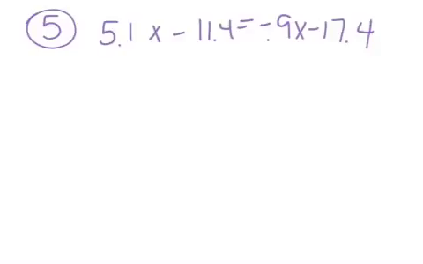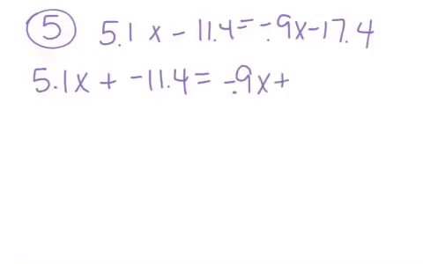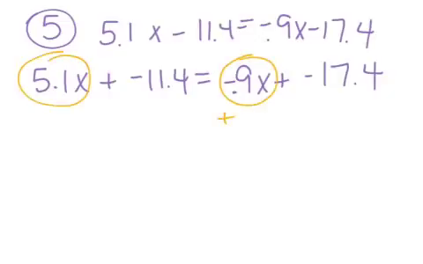Again, I'm going to rewrite all of these to make it easier for me. First thing I'm going to do is to get my x's on the left side. So I do a positive 0.9x, positive 0.9x.